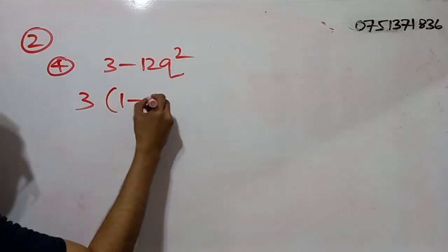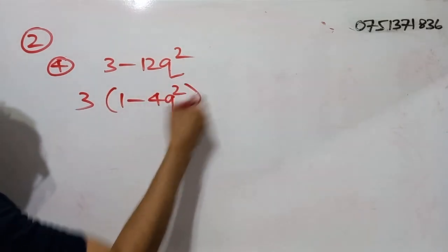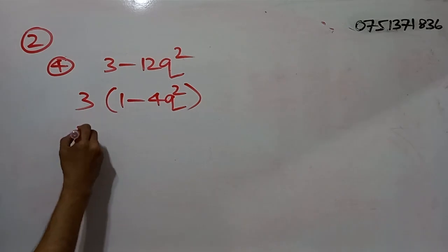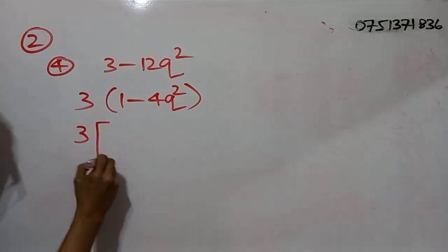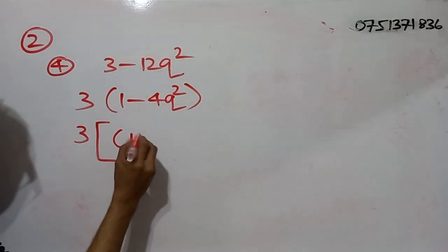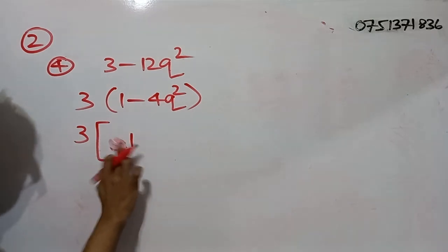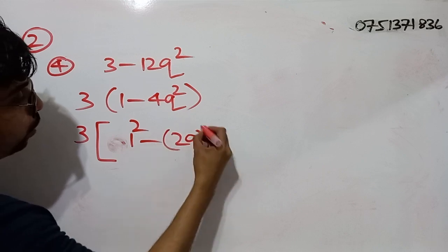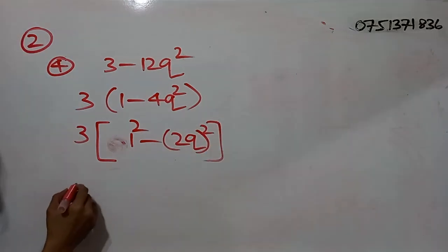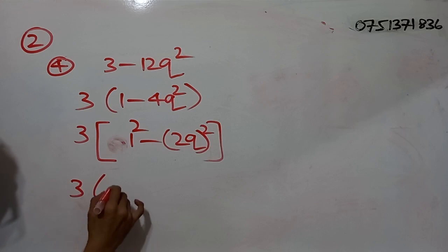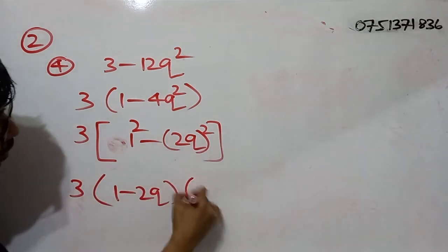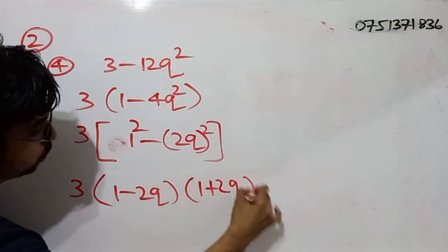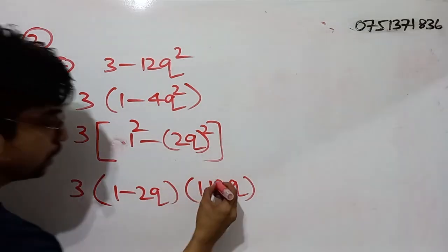So 1 minus 4q squared. So 3 curly brackets. So this is 1 squared minus 2q, the whole thing squared. Right. So that means 3, 1 minus 2q and 1 plus 2q. That's the answer. So this is 2.